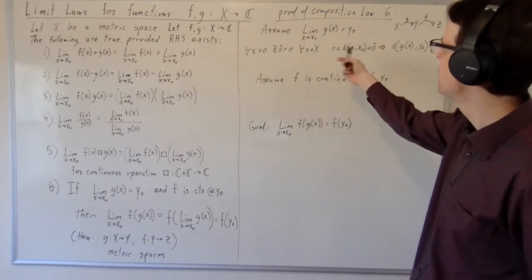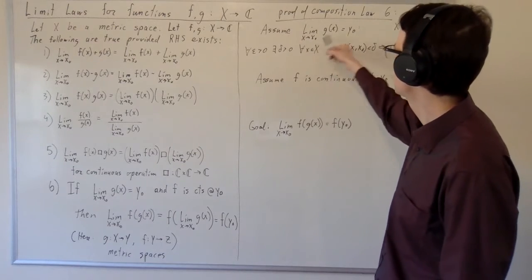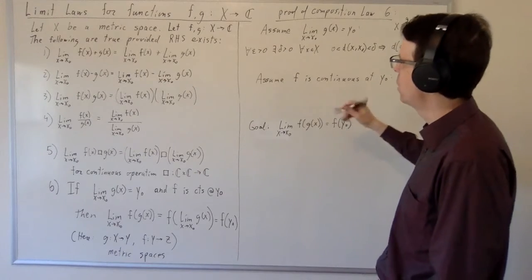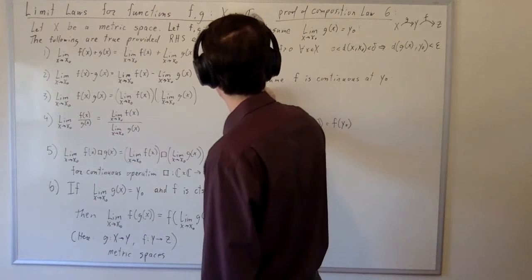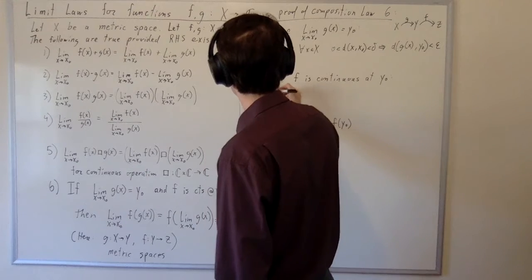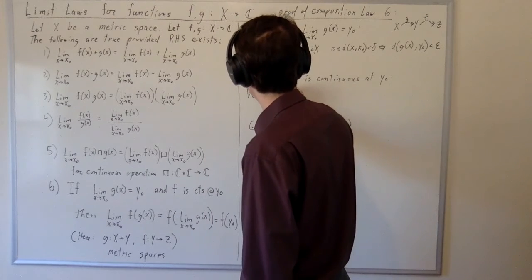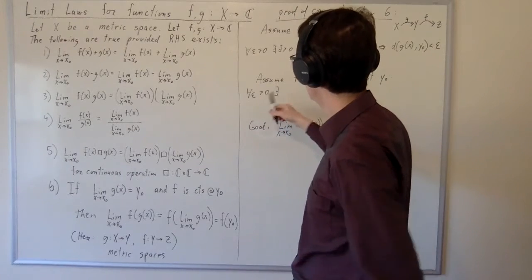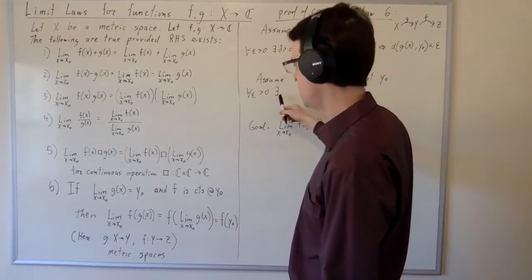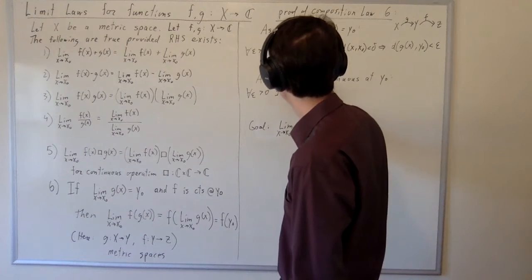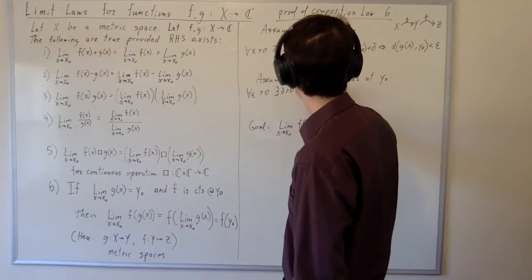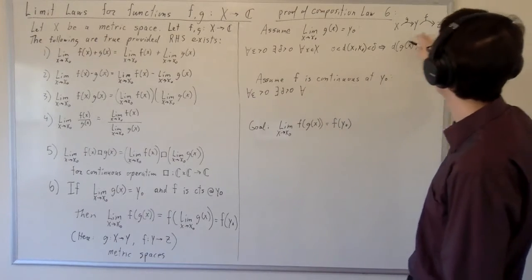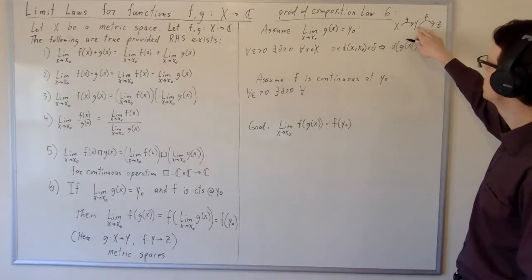So that's what it means to say the limit of g of x as x approaches x naught is y naught. We're also assuming that f is continuous at y naught. So what does it mean to say f is continuous at y naught? Of course, we're going to use the epsilon delta definition of continuity of f. So that means that for every epsilon greater than 0, there exists some delta greater than 0, such that for every, now I can say for every x, and it's tempting, but the domain of f is y.